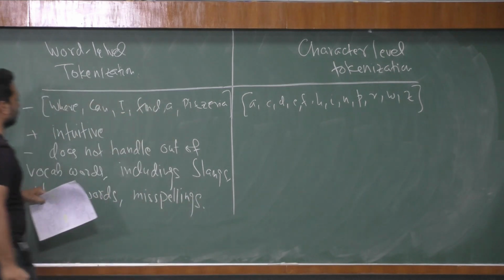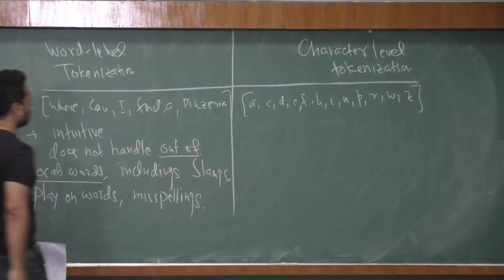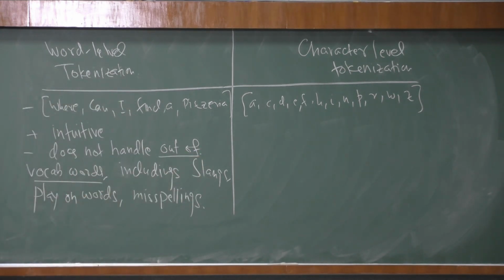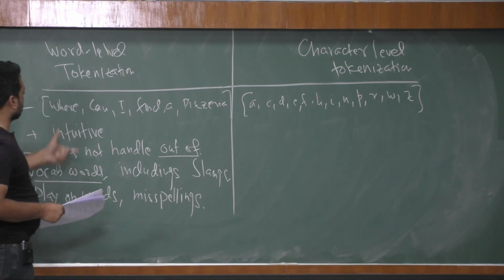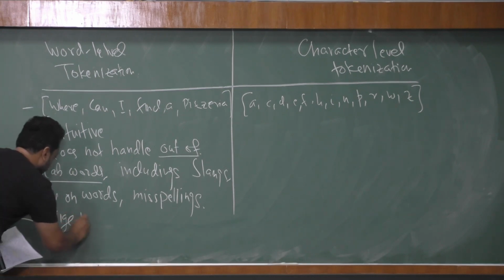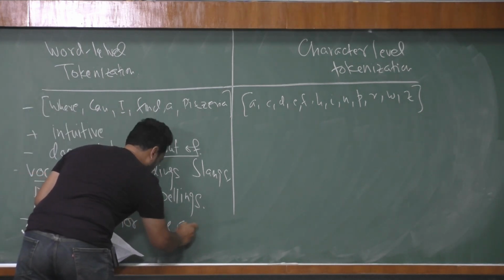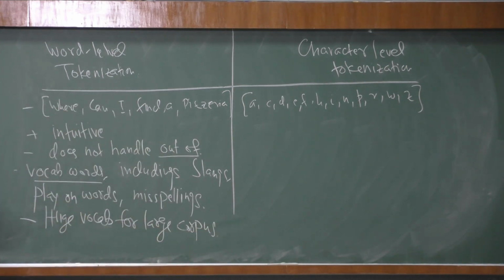If we do word level, and an out of vocabulary word is encountered, then there is no way that it can be represented. And if our corpus, meaning all the text that we are going to study, has many words, then our representations will grow, because there will be many words. So we need a large vocab for a large corpus. It will be a big list.